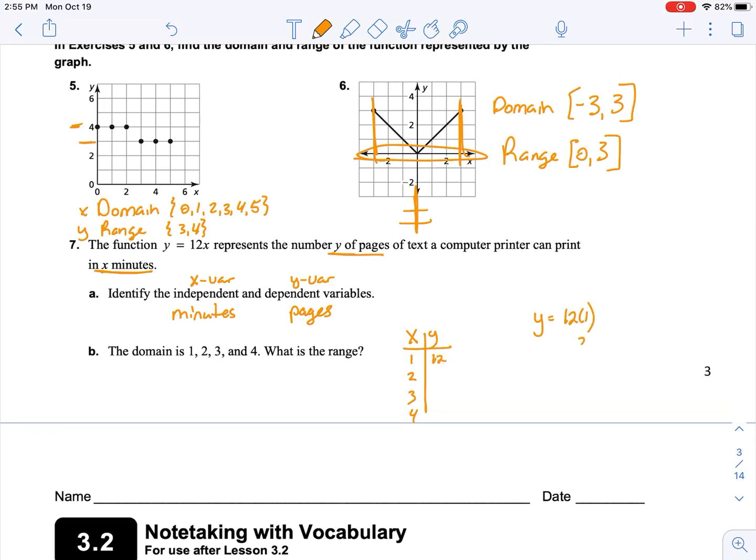And then do the same thing, I can put in a 2. 2 times 12 is 24. 3 times 12 is going to be 36. And 4 times 12 is 48. So I have made, what's my range then? My range is 12, 24, 36, and 48. Okay. All right, we're going to call that good.